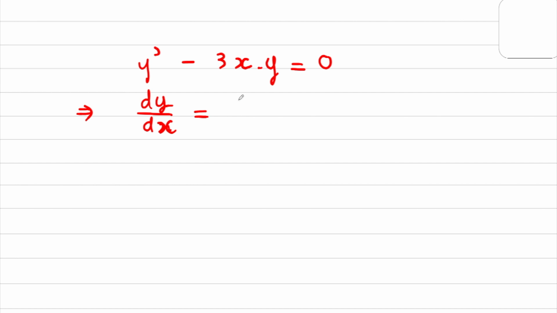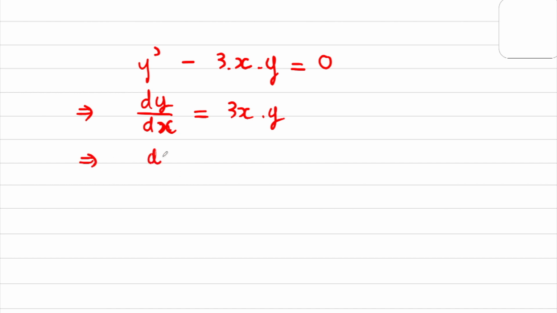Okay, so another example, y prime minus 3xy equal to 0. So what should I do for this question? The first one, I will rewrite y prime as dy over dx like this. And after that, I will use the transposing method for this term. Minus 3xy will move to the right hand side. You will get 3xy like this one.